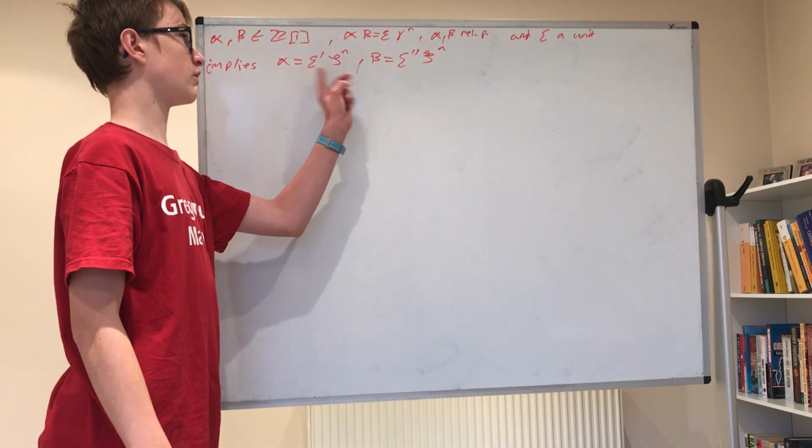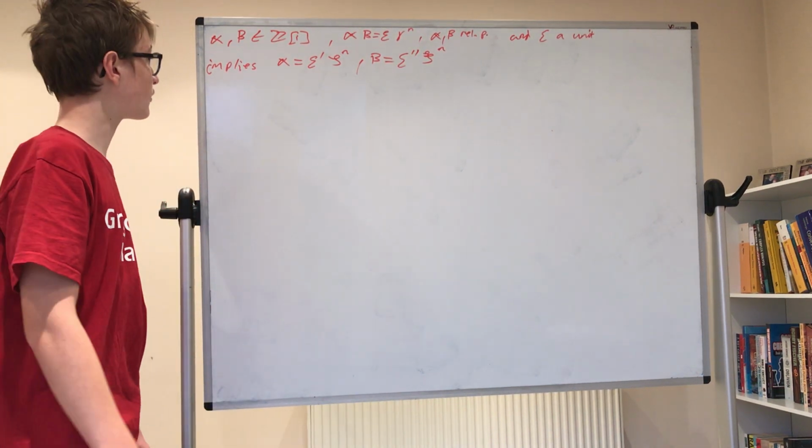Well, these are just Gaussian integers, and epsilon prime and epsilon double prime are units.